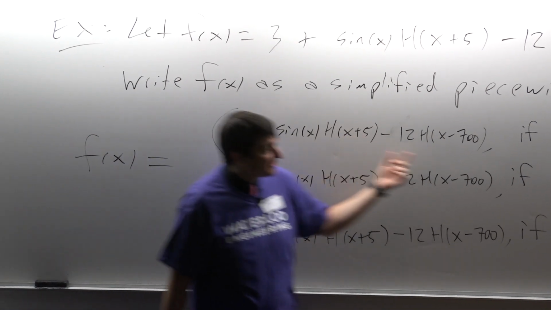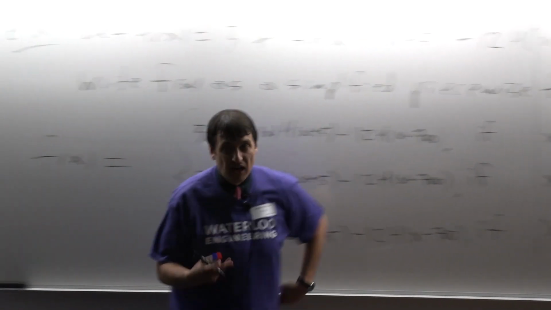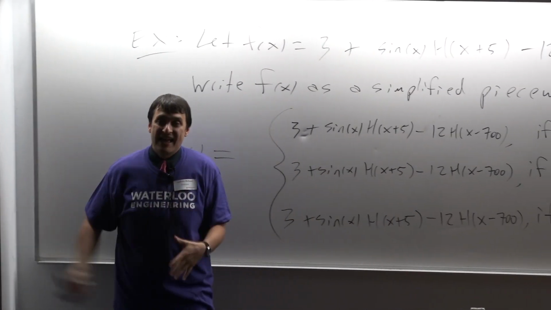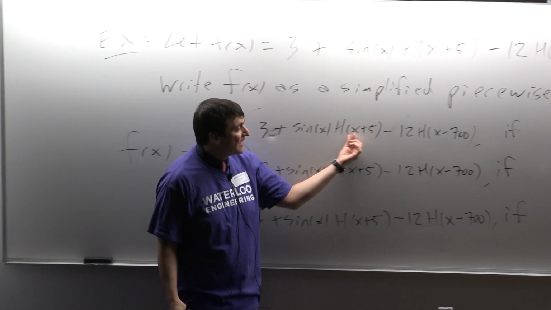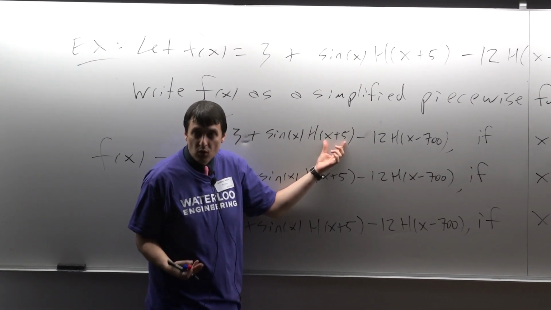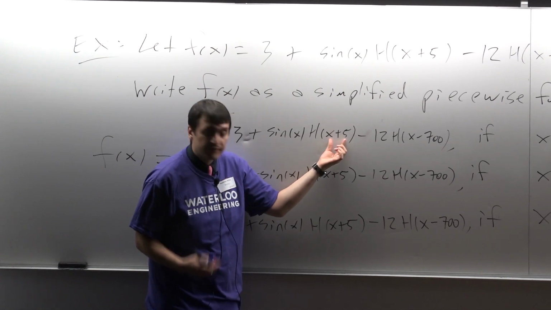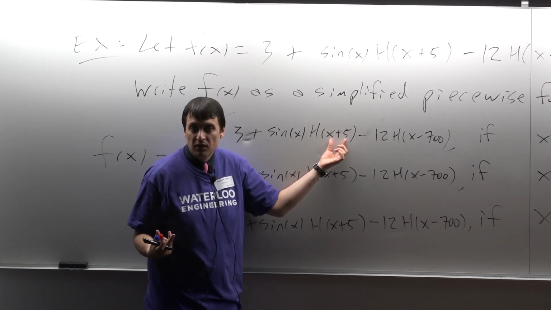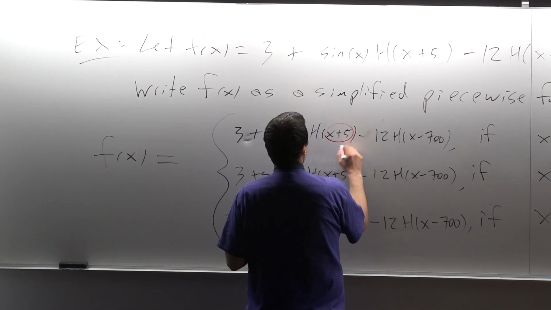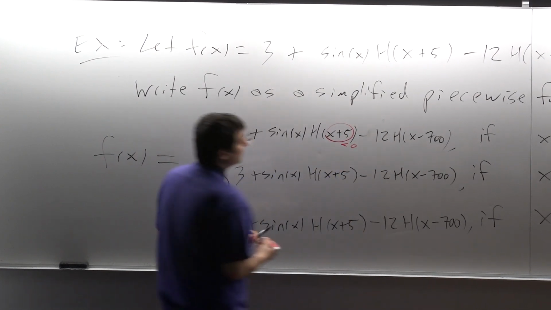X plus 5, if x is less than negative 5, some number like negative 5.6, negative 800,000, any number to the left of negative 5, if I add 5 to it, 5 is not big enough to turn the whole thing positive. This whole expression inside the brackets, x plus 5, is negative in this region. So I'm going to say x plus 5 is less than 0. Just the argument.